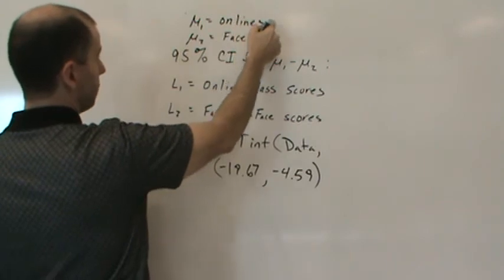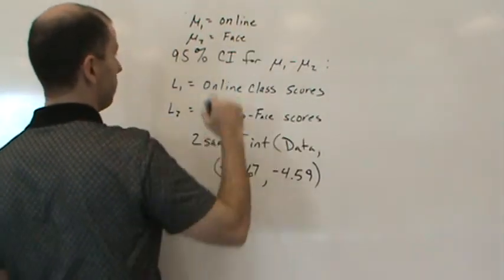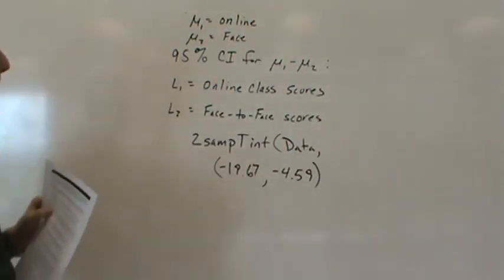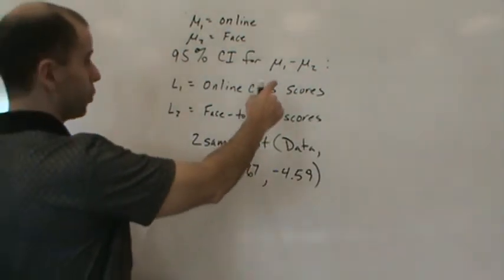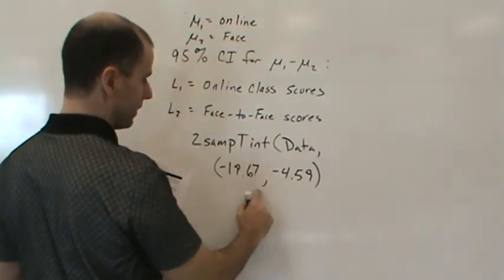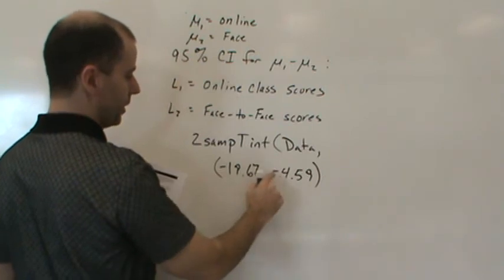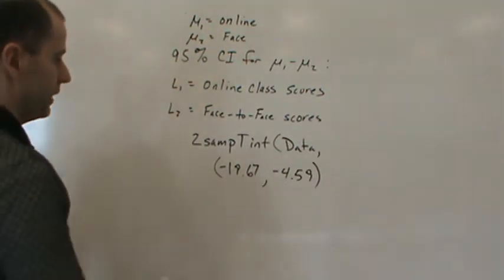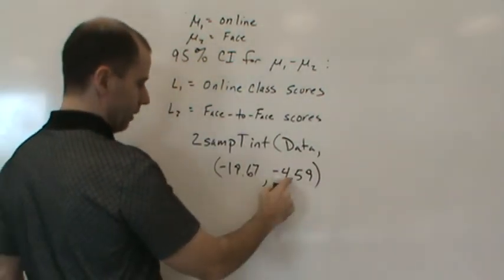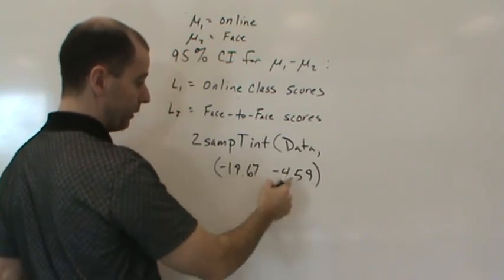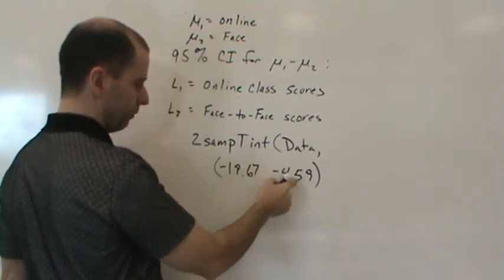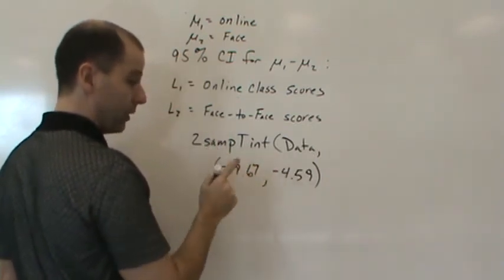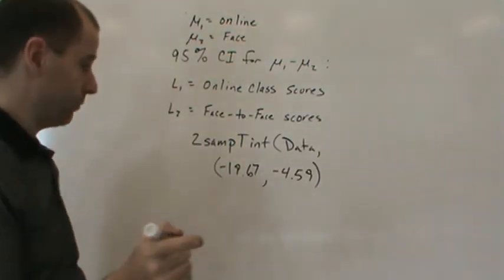So this is population 1, this is population 2. So now if we subtract mu1 minus mu2 and we get this, now we know what the negatives stand for, right? The differences are negative. And so 0 is not in here either because it doesn't go from negative to positive. So 0 is not in here. So there is a significant difference, it seems like.